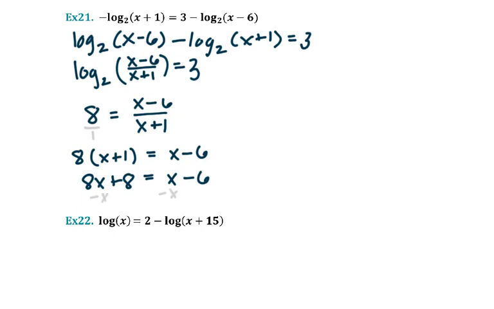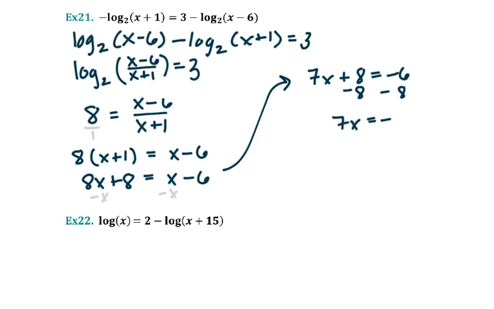I'll subtract x from both sides. I end up with 7x plus 8 equals -6. I will subtract 8 from both sides, and now I have 7x equals -14, and dividing by 7 I get x equals -2.